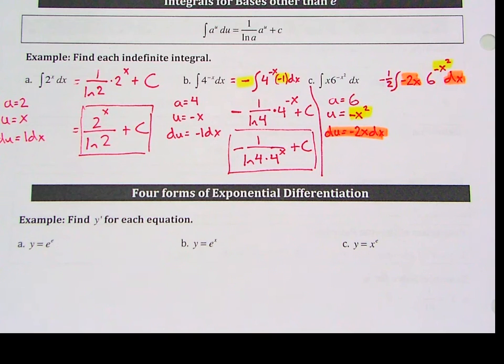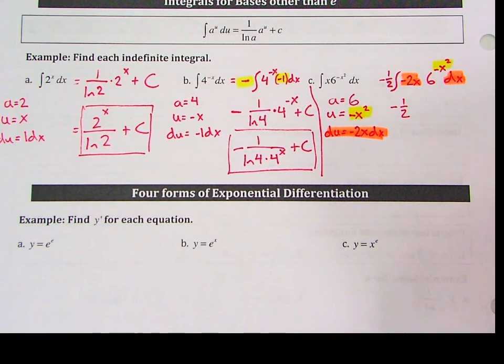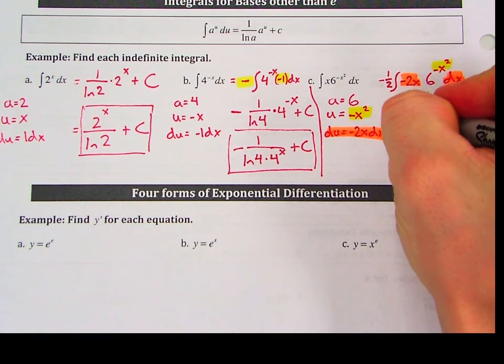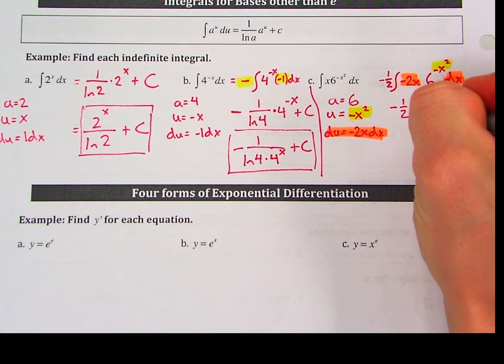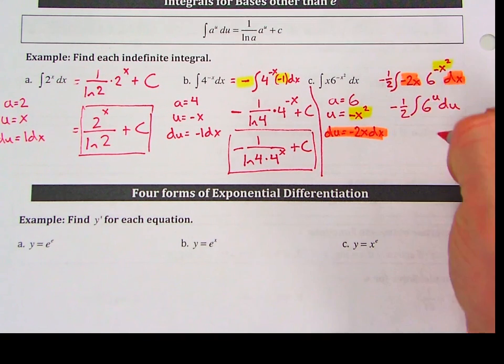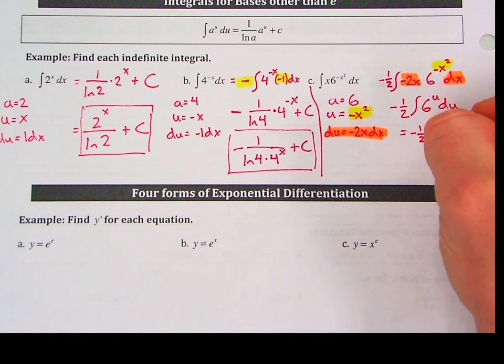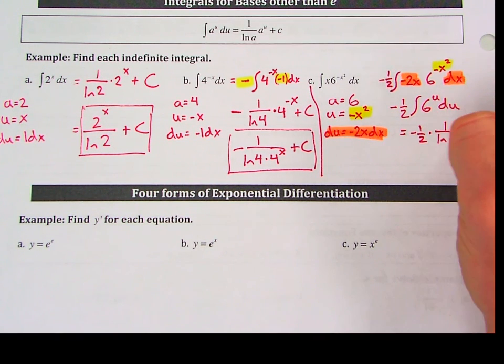So we'll just put this negative 1/2 out here in front. And if we were to write this, we could just say 6 to the u du, just so you can see it there. But our final answer then, negative 1/2 times 1 over natural log of 6 times 6 to the negative x squared plus c.